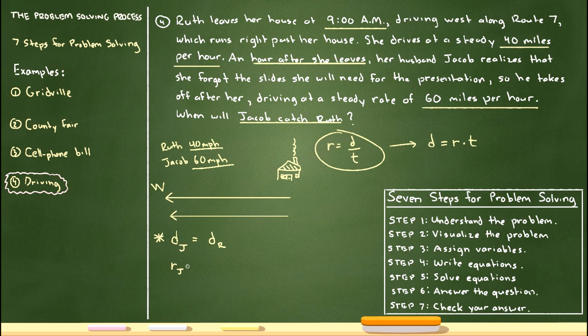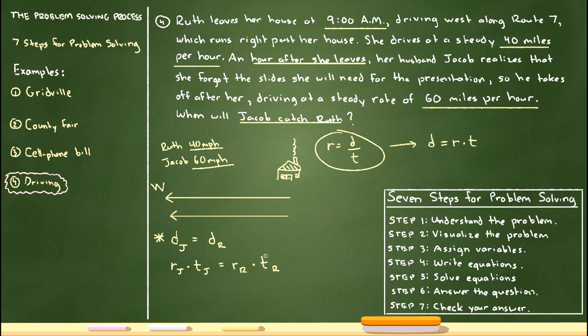so Jacob's rate times Jacob's time is equal to Ruth's rate times her time here. Okay, so this is still a distance is equal to a distance, but this is Jacob's distance and this is Ruth's distance.